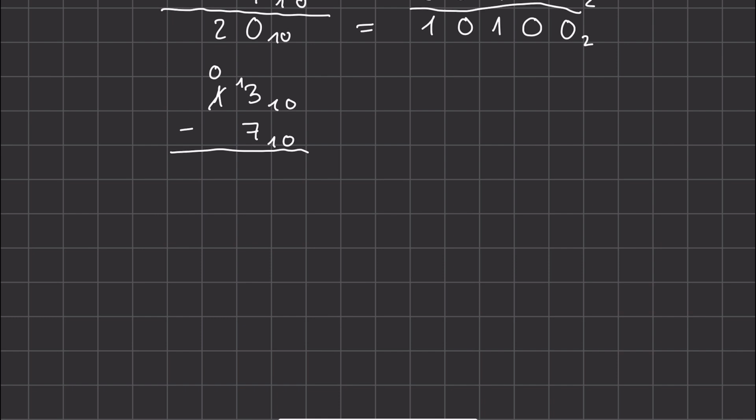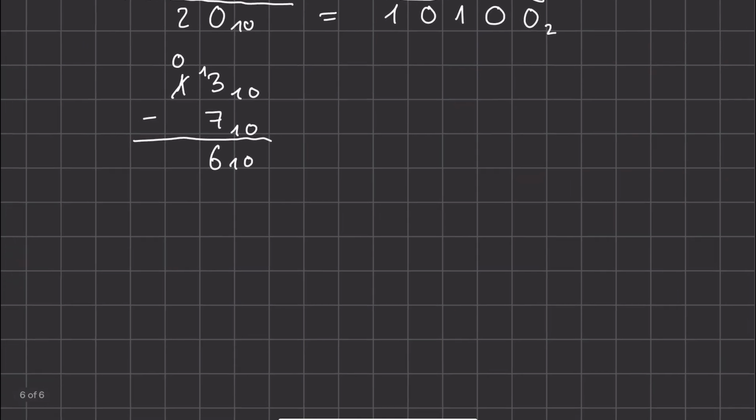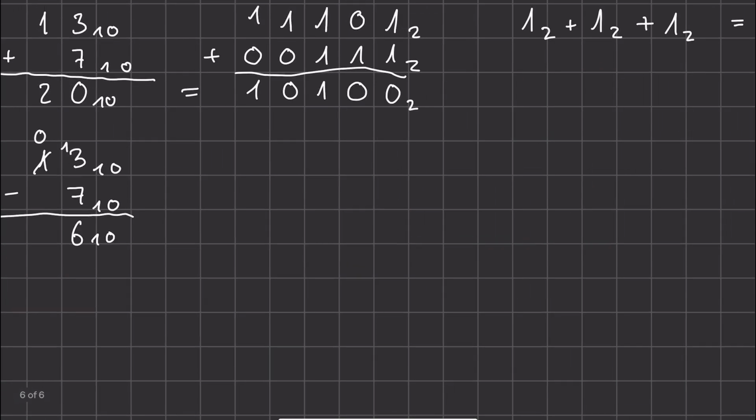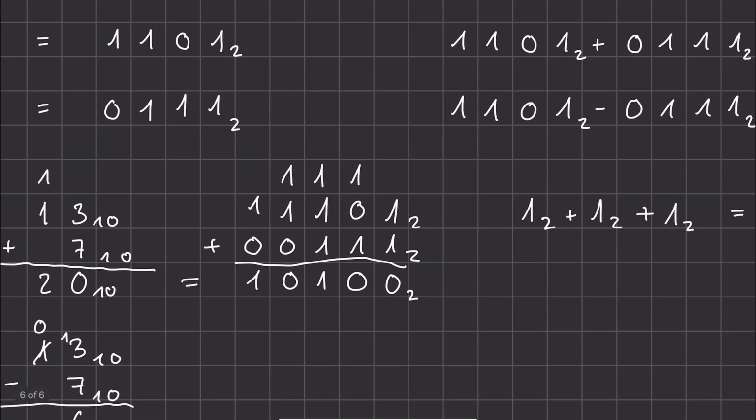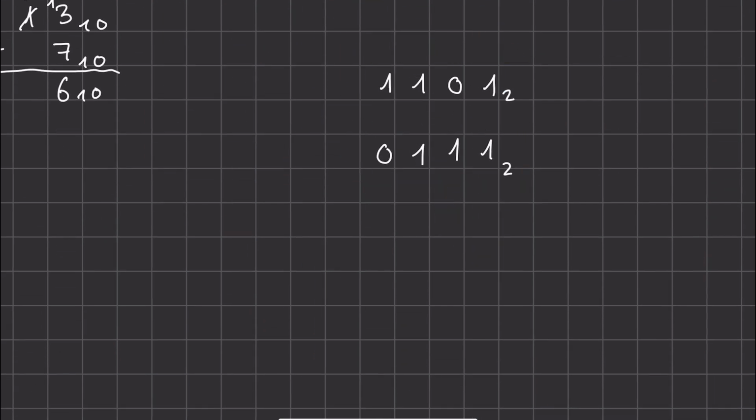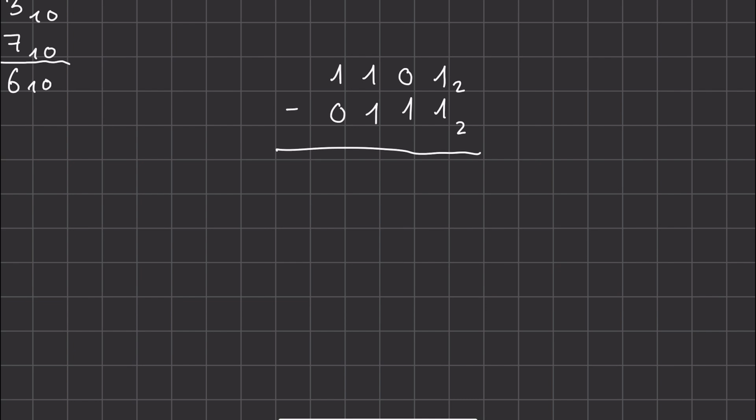What we actually get out of this in the end will be 6, and we'll just copy this format for working with binary numbers. So I will copy these binary numbers we worked with before, and then write the minus in front. So what we'll do here is we have this one up here, and we're subtracting 1, so we'll get 0.